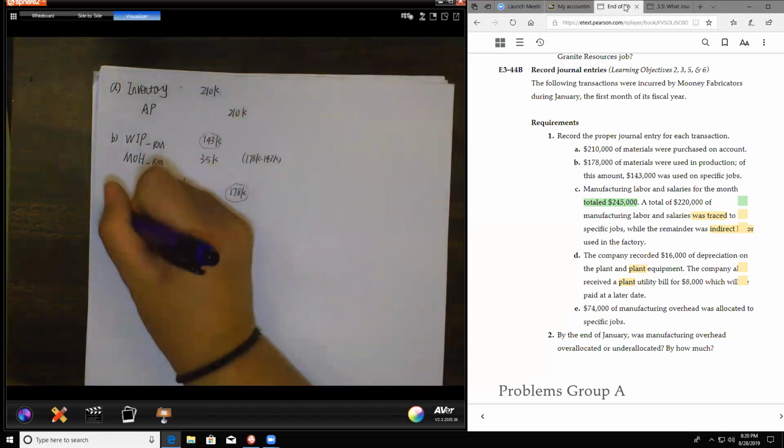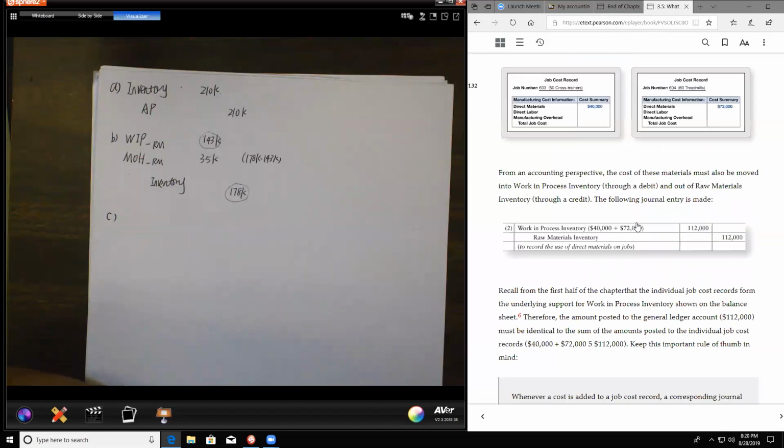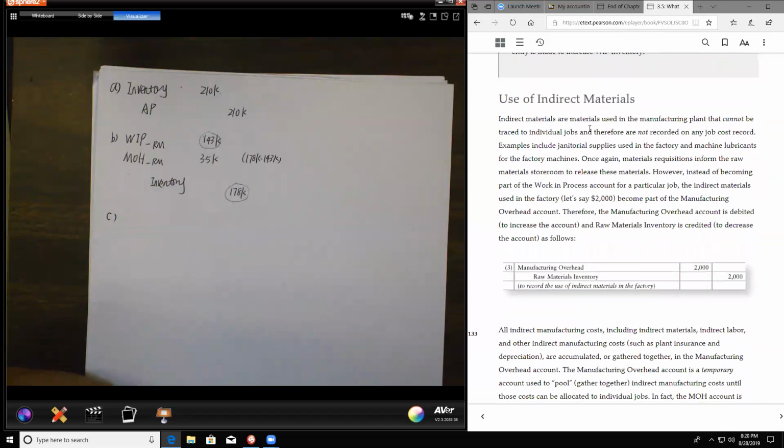Okay, so the third transaction, now it's talking about direct labor. So you have used people to work for you, 245,000, and then 220,000 can be traced. The others are indirect, and they are for the factory, right? So this is the indirect material as we talked about here.